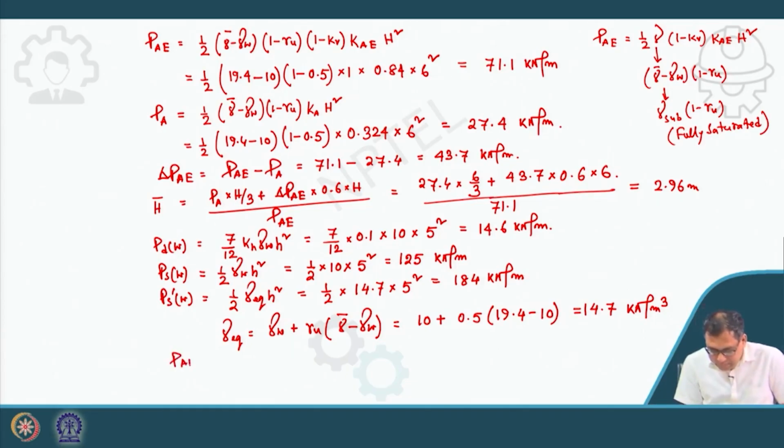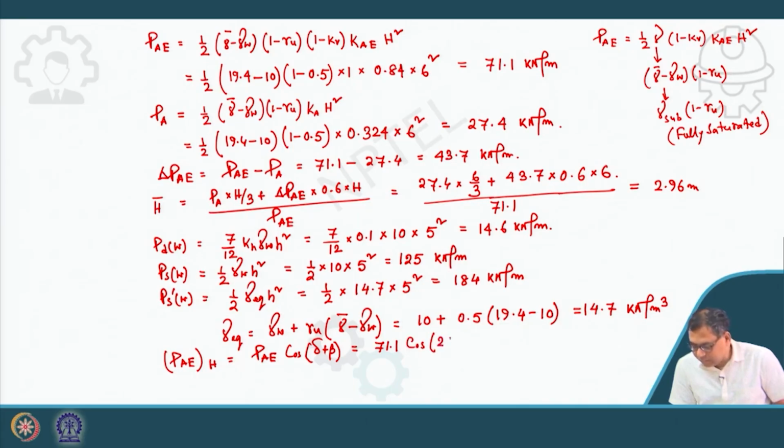Now, PAE horizontal component. So, that is PAE cos delta plus beta. So, this is PAE is 71.1 into cos, delta is 20 degree and beta is 9.6 degree. So, this is 56.3 kilonewton per meter.